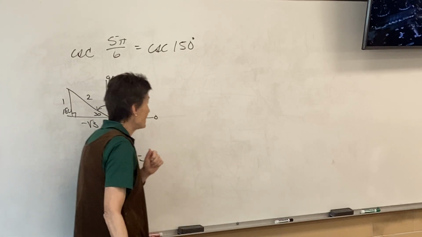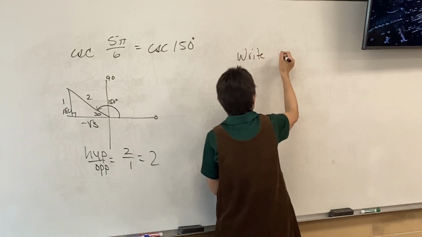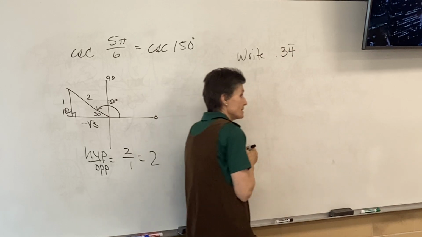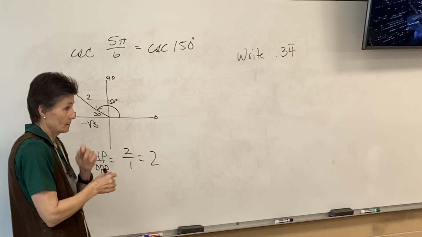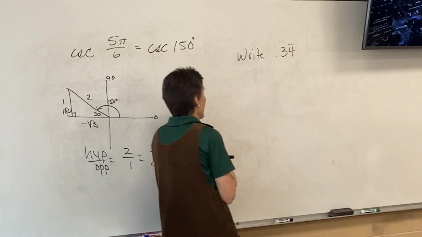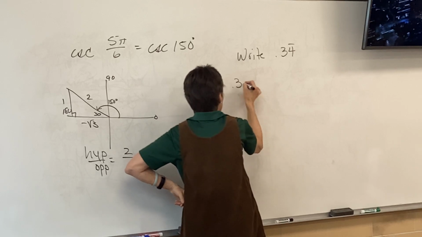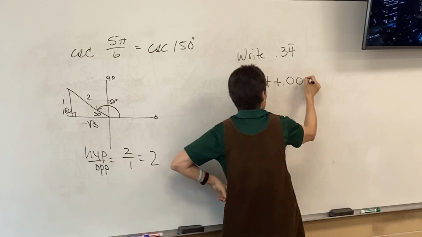All right, and then she wants to write, let's say, 0.34444 as a fraction. So, what I would suggest you do is think of it as its individual digits.